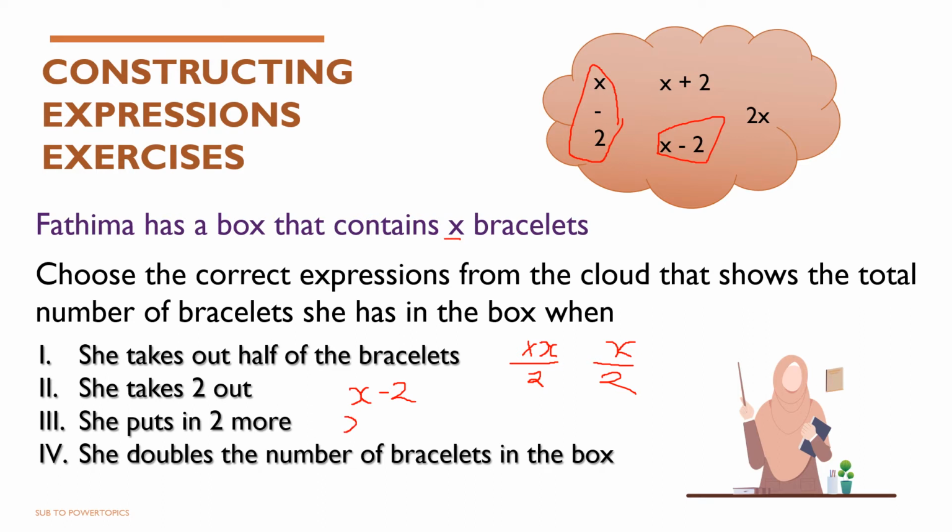So we already have X there, and then we added 2 more bracelets. So here's our answer. And for the last one, she doubles the number of bracelets in the box. So we got X bracelets, and then we double it. It means that we add it. So X plus X, we can write it as 2x. So here is our last answer.